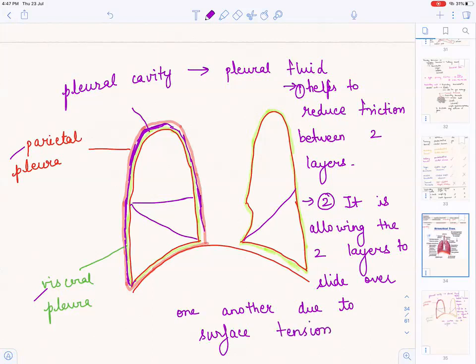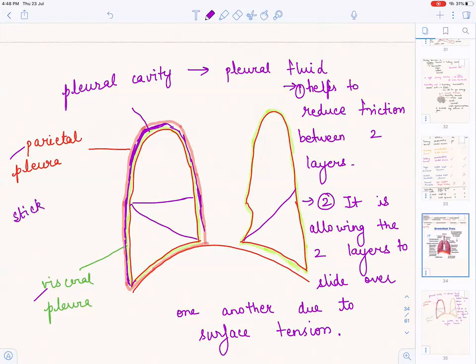So that parietal pleura and visceral pleura are both stuck together, and they can easily move also. If you take two microscopic slides and put a film of water, what will happen? They will stick together, and they can move also.